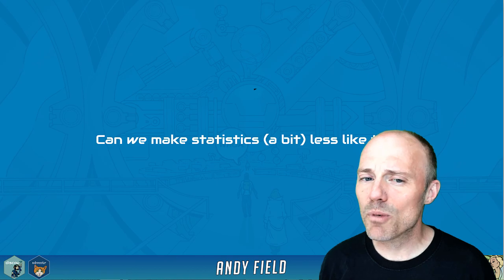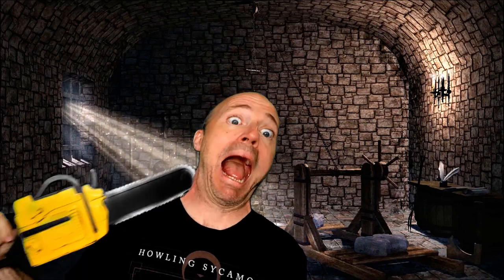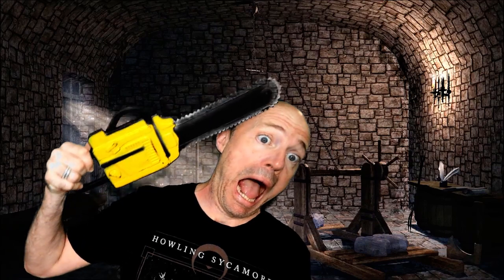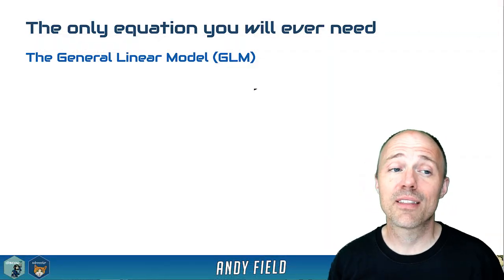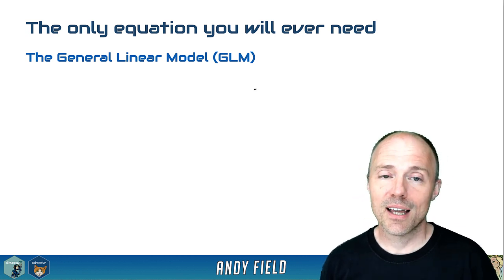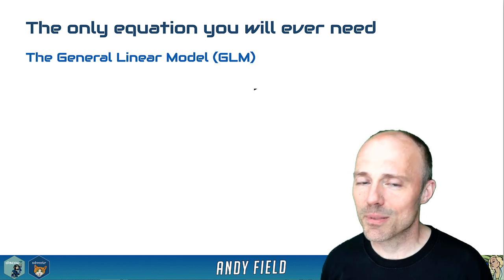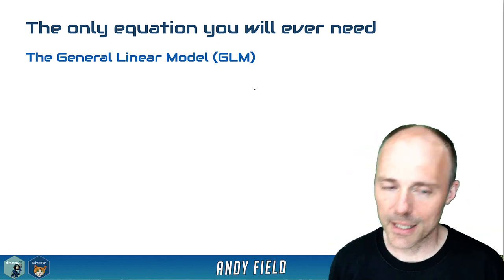So the question is, can we make statistics a bit less like this? And I think the answer is yes, we can, by focusing everything on this general linear model, which is a framework that encompasses, as I keep saying, most of the models that are fit in psychological statistics.